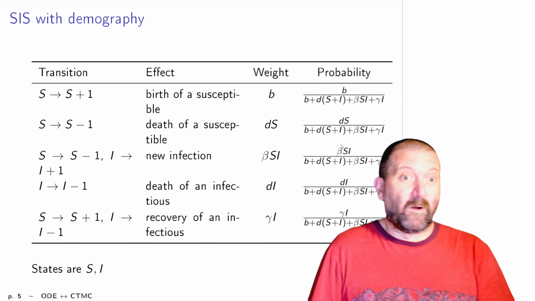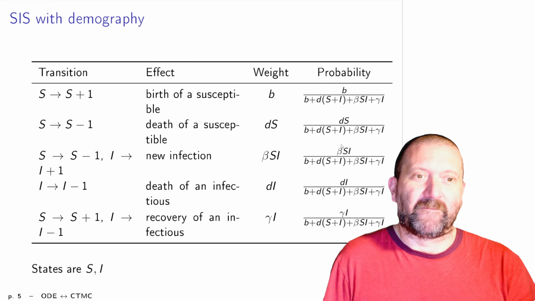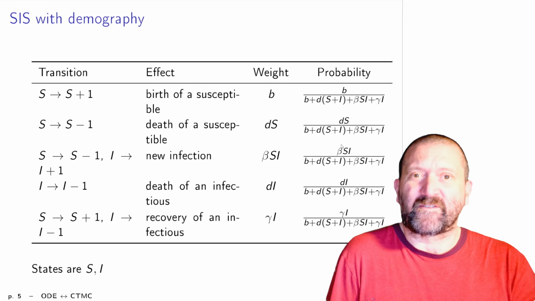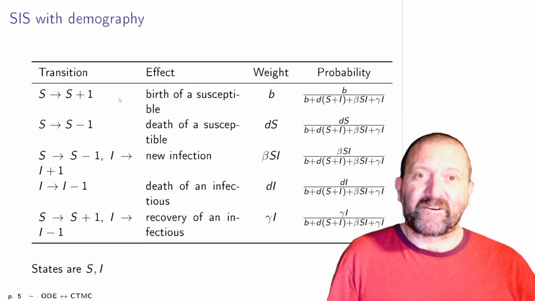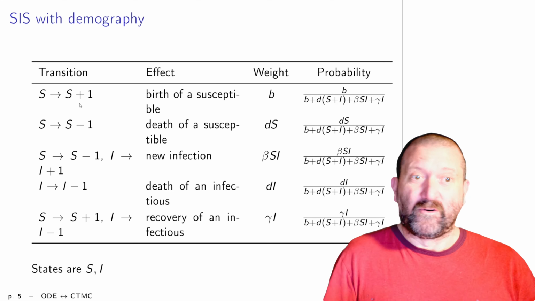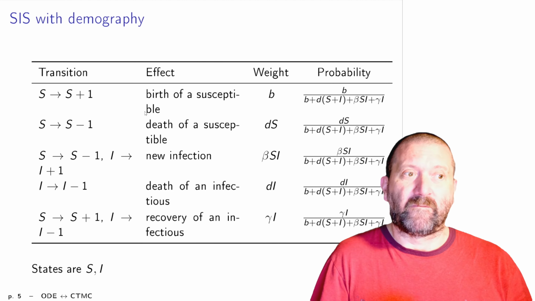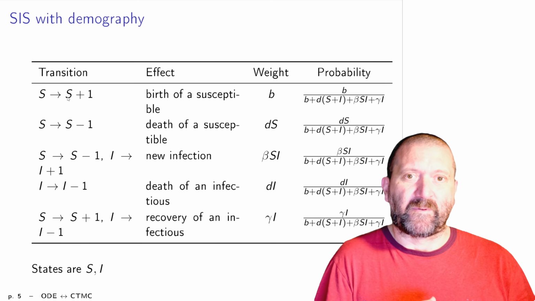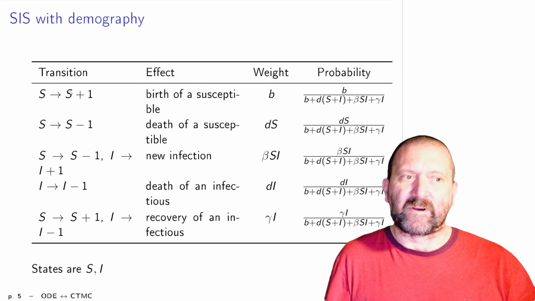If I want to consider a more complex process where I have, for instance, demography, I'm of course going to have transitions which, in this case, don't change both variables, they just change one of them. If I have birth of a susceptible individual, my susceptible population is increasing by 1.